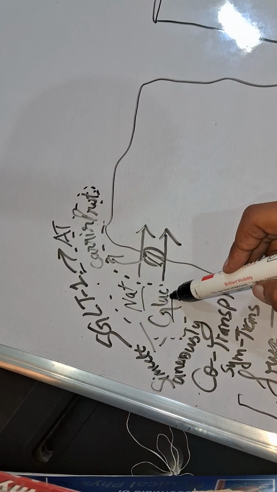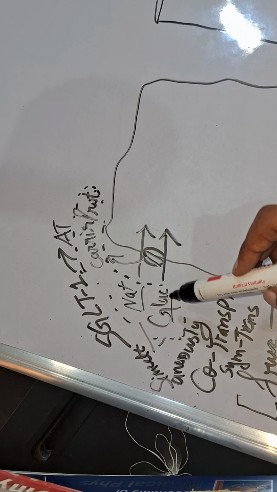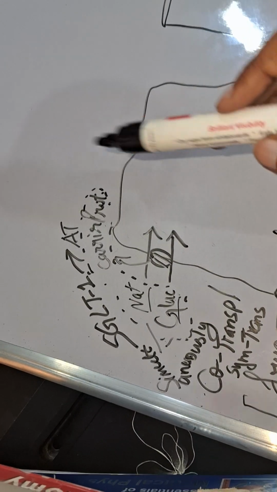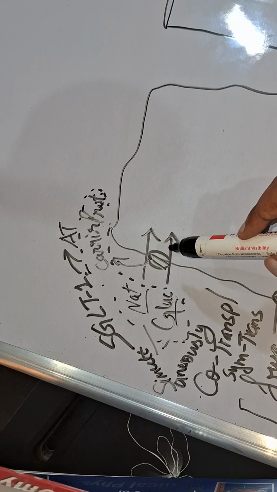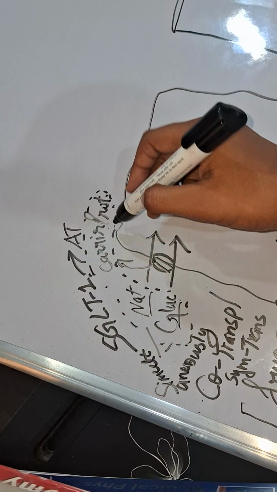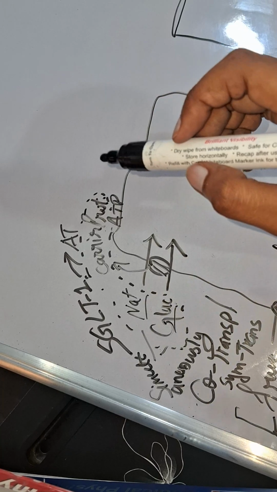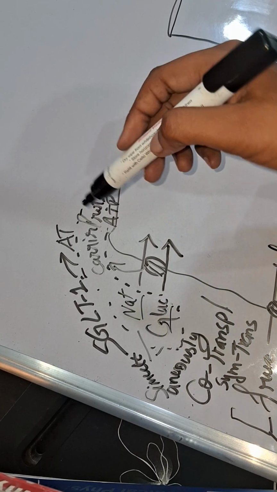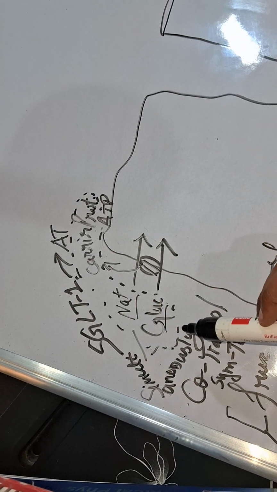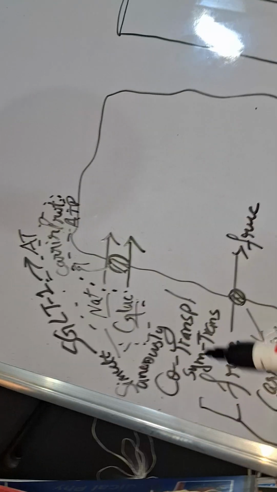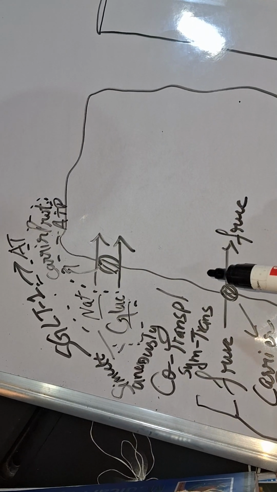Both the sodium and glucose are moving inside the membrane with the help of a carrier protein. Energy is required, ATP is required over here, so this is a part of the secondary active transport. Because ATP is required, they both are going inside simultaneously. This is the process of co-transport.